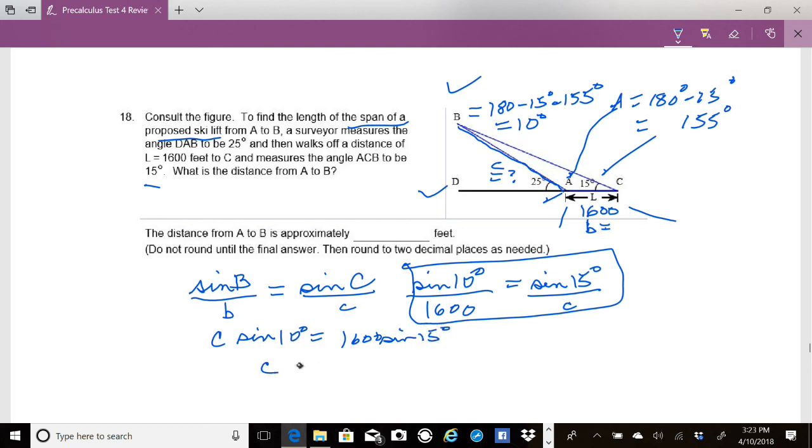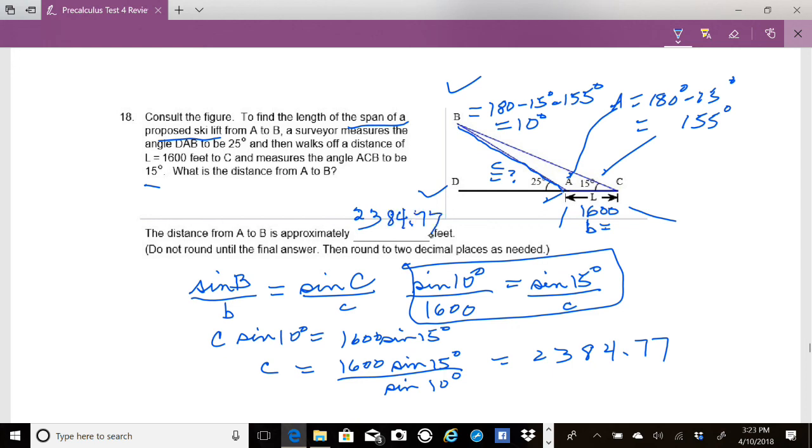So C is 1600 sine of 15 degrees divided by sine of 10 degrees, equals 2384.77. They ask for two decimal places, and that's what they get. 2384.77 feet.